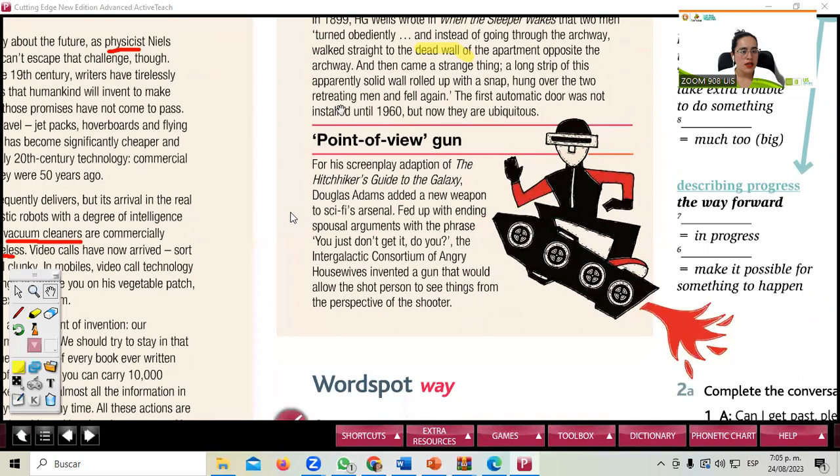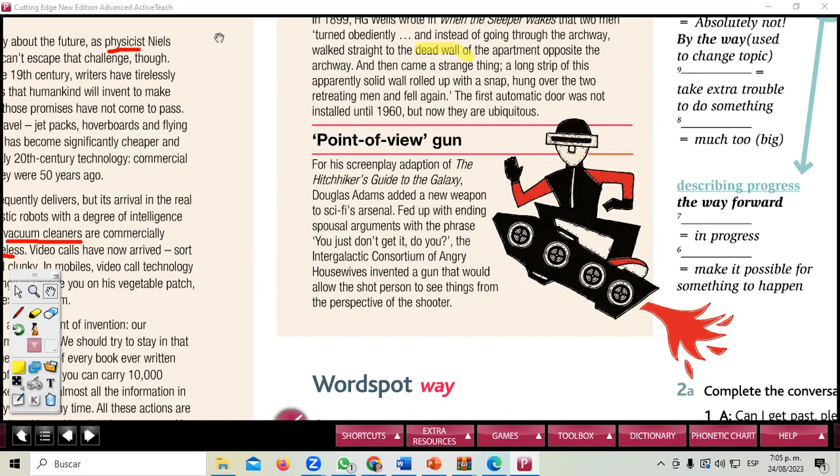Let's read it, Maveli, the last one, point of view gun. Point of view gun. For his screenplay adaptation of The Hitchhiker's Guide to the Galaxy, Douglas Adams added a new weapon to sci-fi's arsenal.